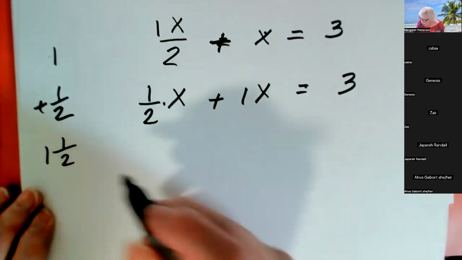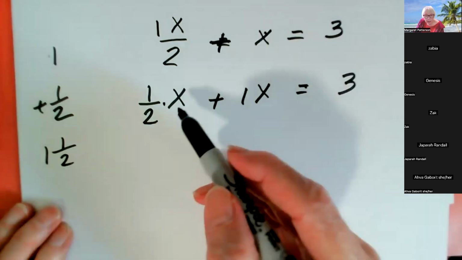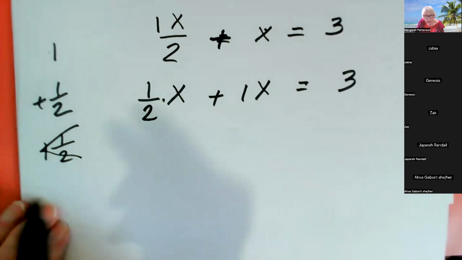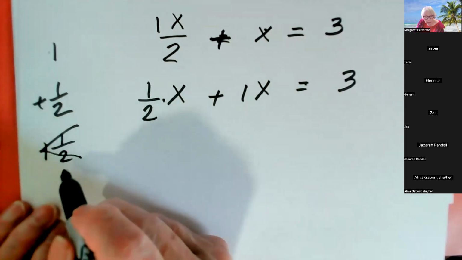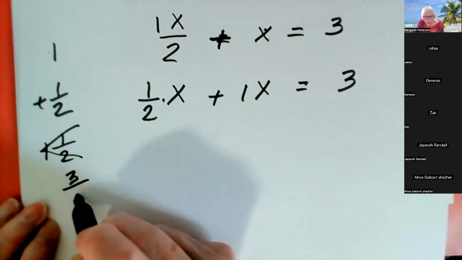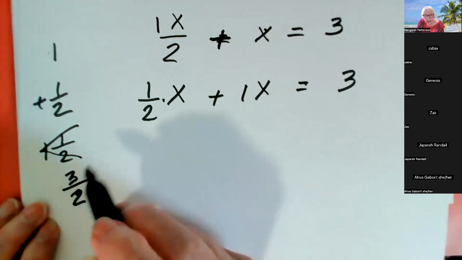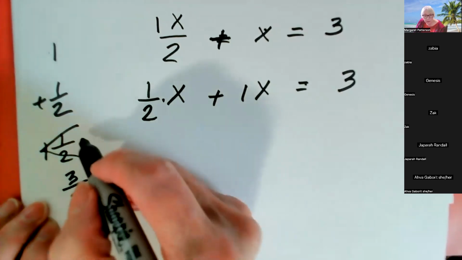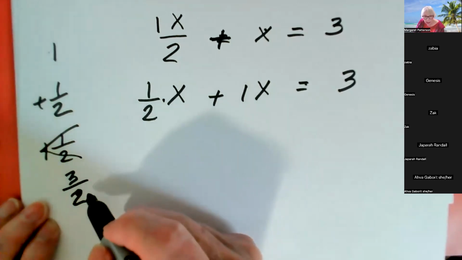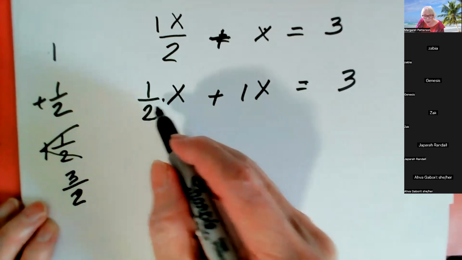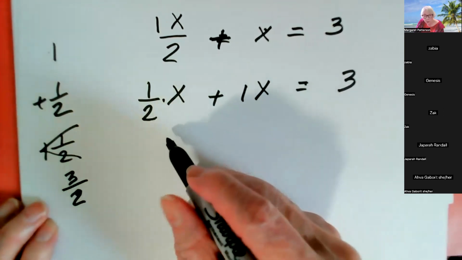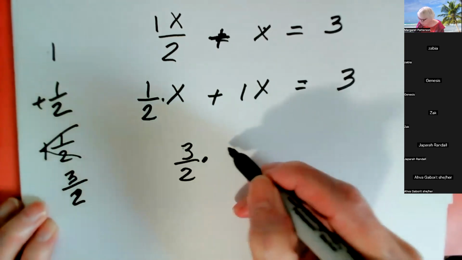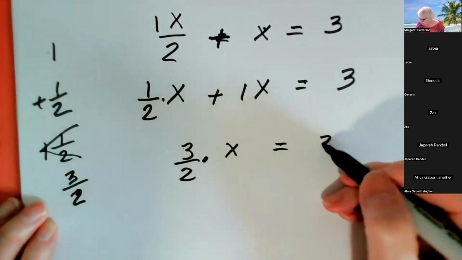But it's easier if you write it as an improper fraction, that would be 3/2. As we go into algebra, this becomes easier to compute than that. And so this would be 1 1/2, better known as 3/2, multiplied by x equals 3.